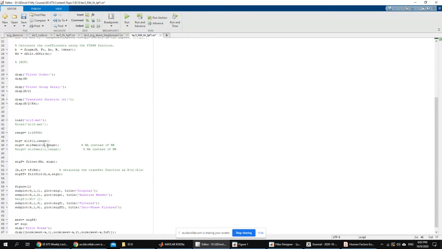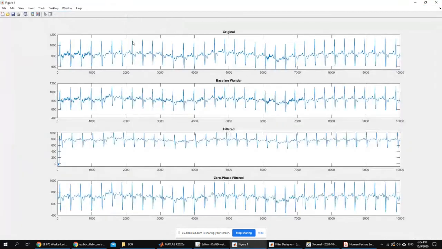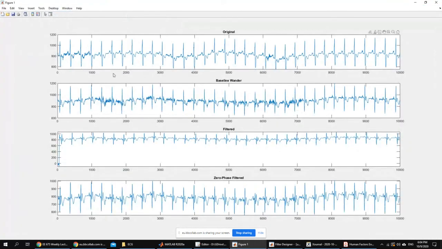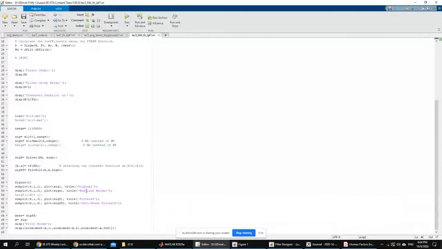ECG is not just one signal. Usually, if you're measuring the Einthoven triangle, the basic leads 1, 2, and 3, you get only 2 of them, and you can compute the third by just subtracting or adding the 2. So this one here is exactly a second signal. It looks a little bit different, and this is not baseline wander, of course. Maybe I should change that so that you don't get confused.